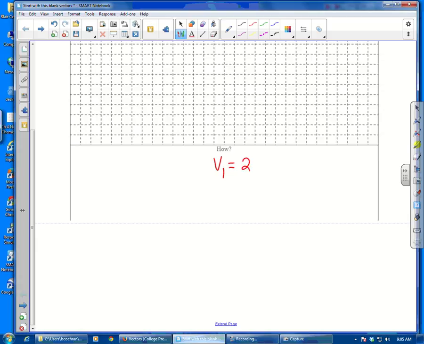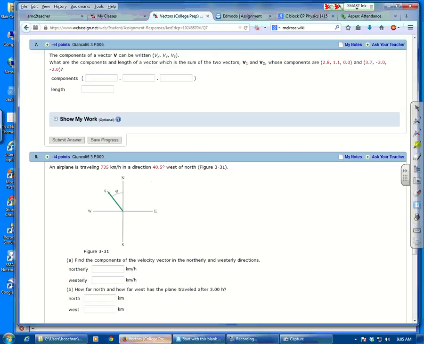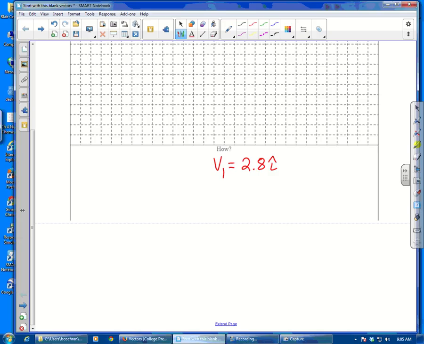So I'd write 2.8, and our x unit vector is i, and then 1.1 in the j, so plus 1.1j, because that's in the y dimension. And then my last one was plus 0.0k. Or I suppose if it made me happy, it'd be just easy to put negative 0.0, right? And go either way.